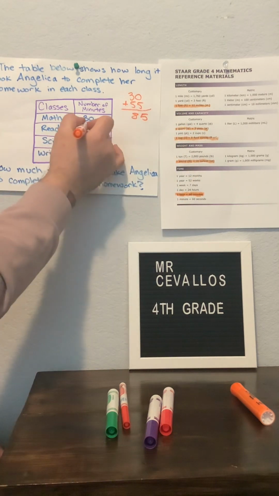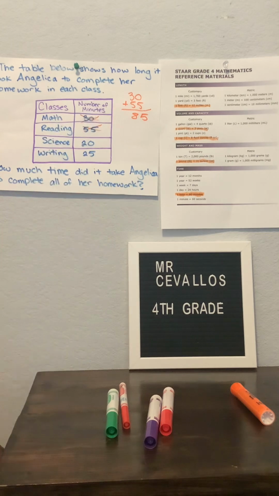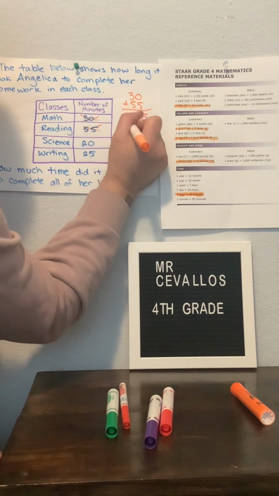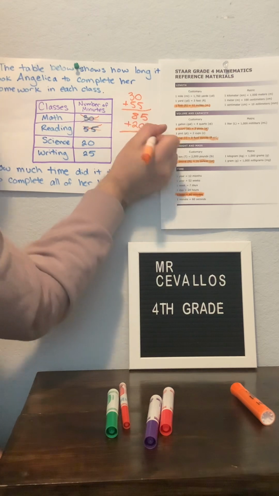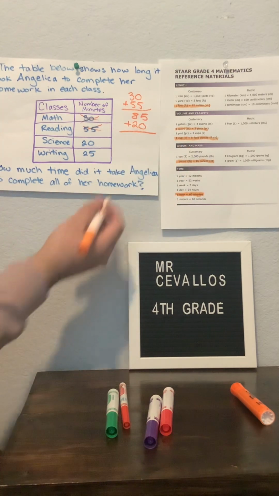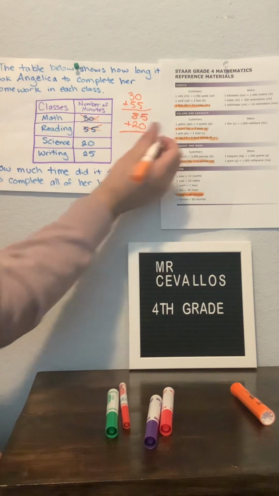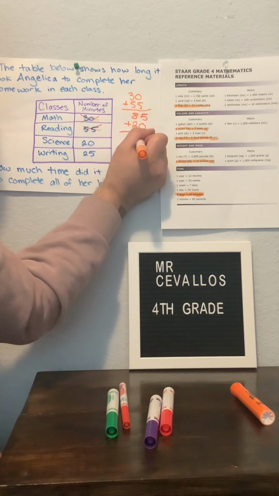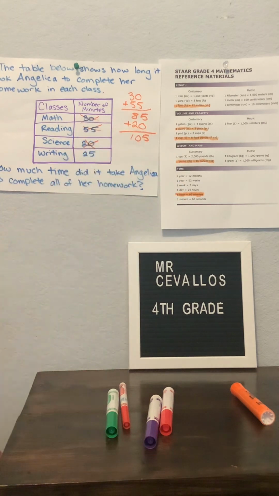So I'm done with them now, and I can cross them out. Now I'm going to add my next one, science. It took her 20 minutes to complete her science homework. 5 plus nothing is 5, and 8 plus 2 is 10. I'm done with that, and I'm going to move on to the next thing.